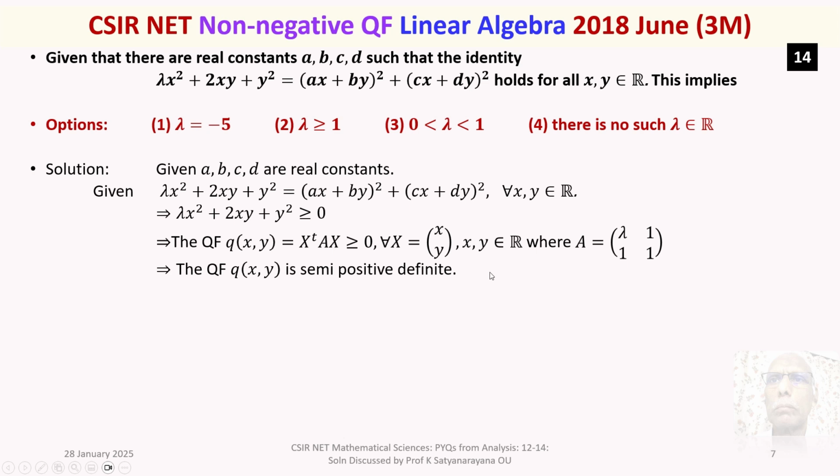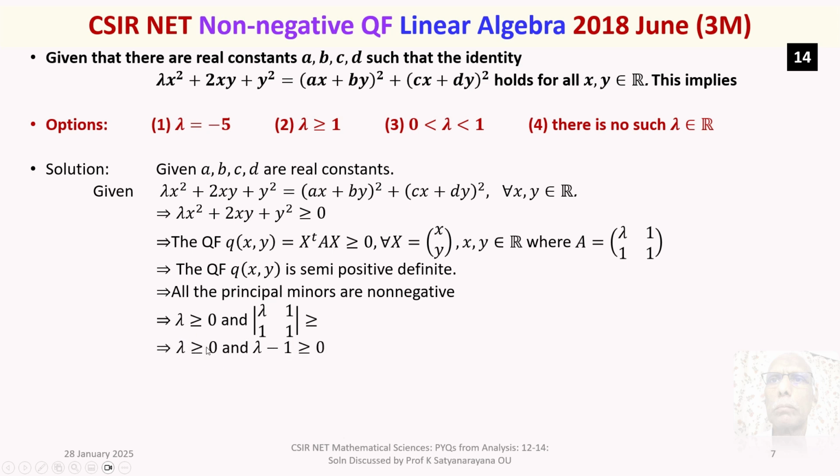Right. When it is a semi-positive definite quadratic form, all the principal minors are non-negative. The first principal minor is lambda greater than or equal to 0, and the second principal minor is the whole determinant of [lambda 1; 1 1], greater than or equal to 0. This will imply lambda greater than or equal to 0.